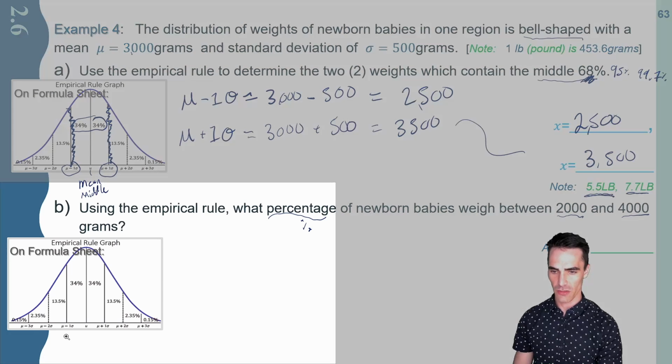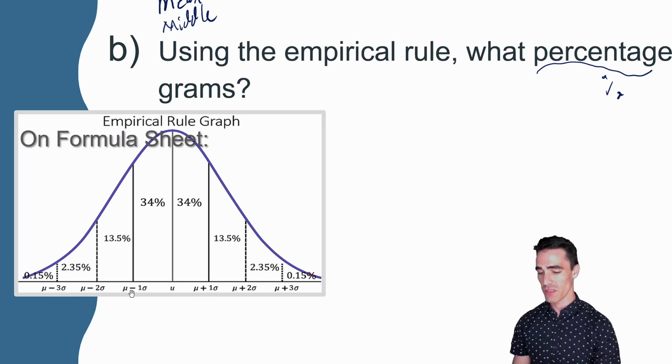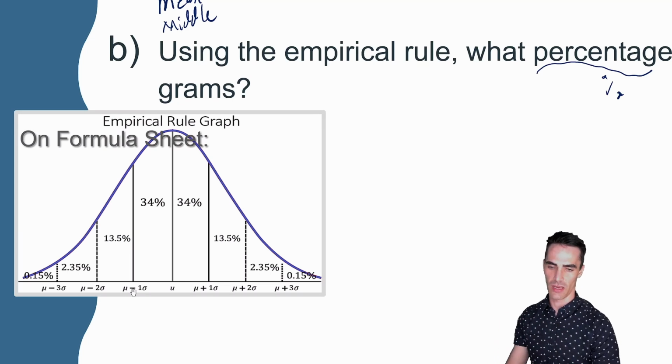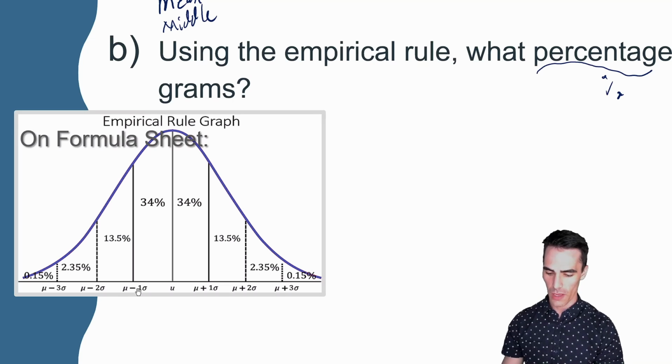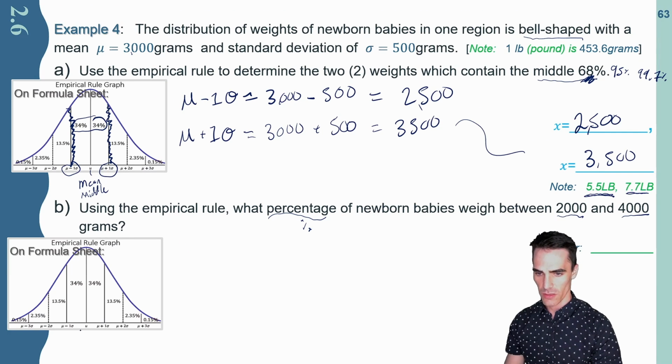If you remember, we have our nice little chart here where I actually know what the mean is. The mean is 3,000. I know what the mean minus 1 standard deviation is. We just computed it. It was 2,500. I'm going to get my pen out for this one. If I write here, this was 3,000, and then over here, this was 2,500.